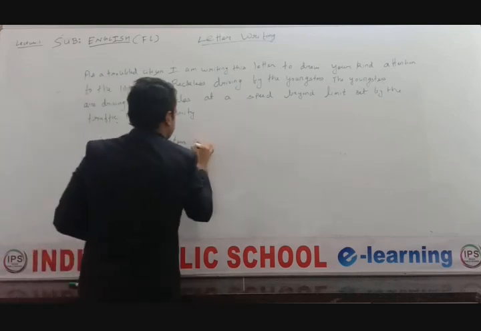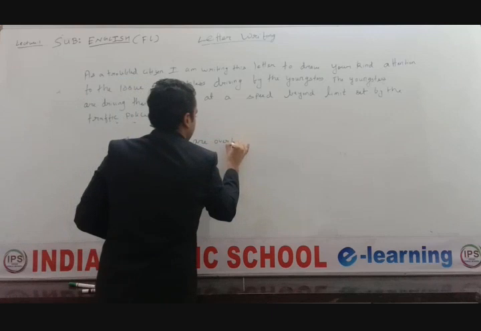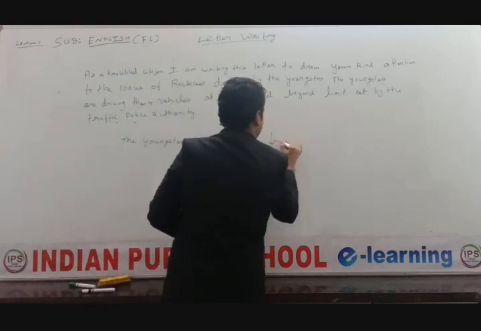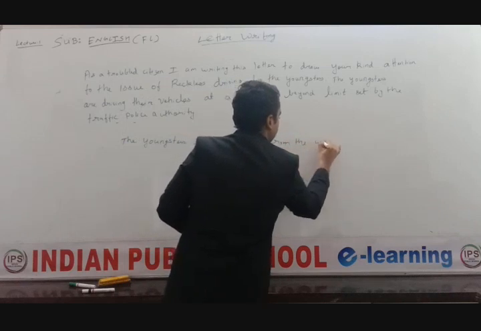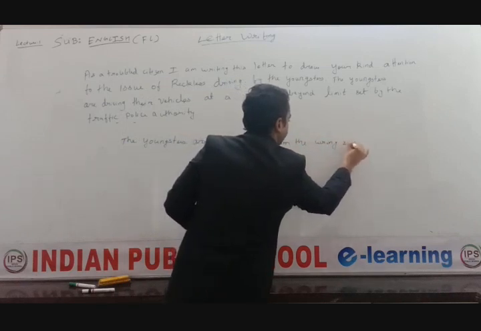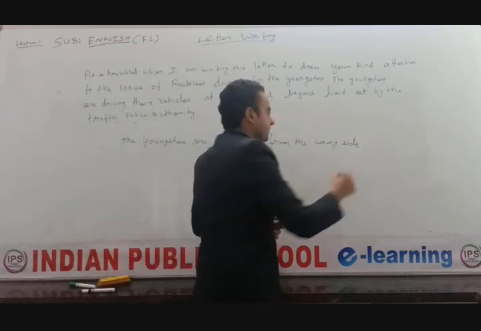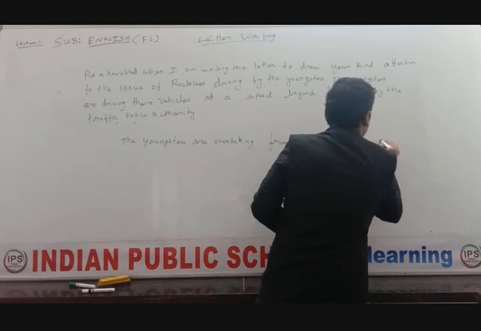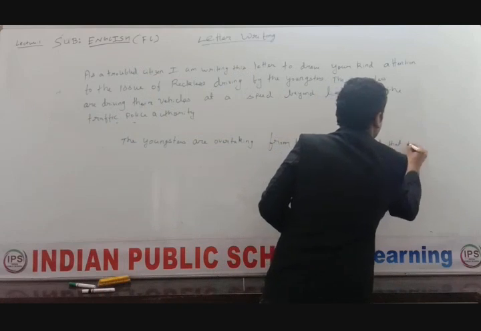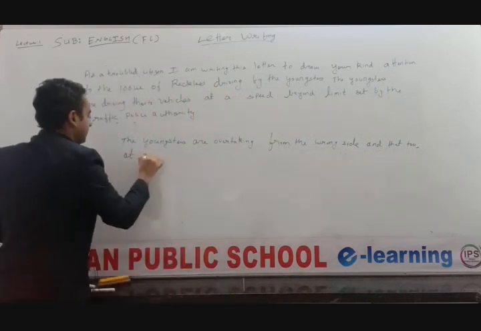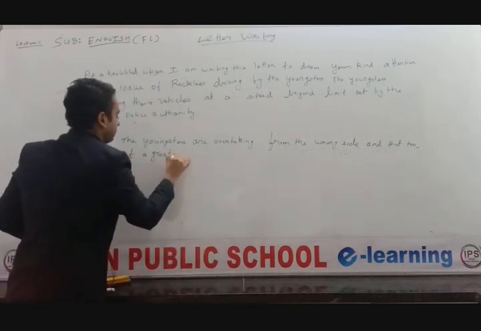The youngsters are overtaking from the wrong side. You can also use a little bit different connotation. You can use from the side prohibited by the government, but to keep the letter simple, from the wrong side, and that too at a greater speed.